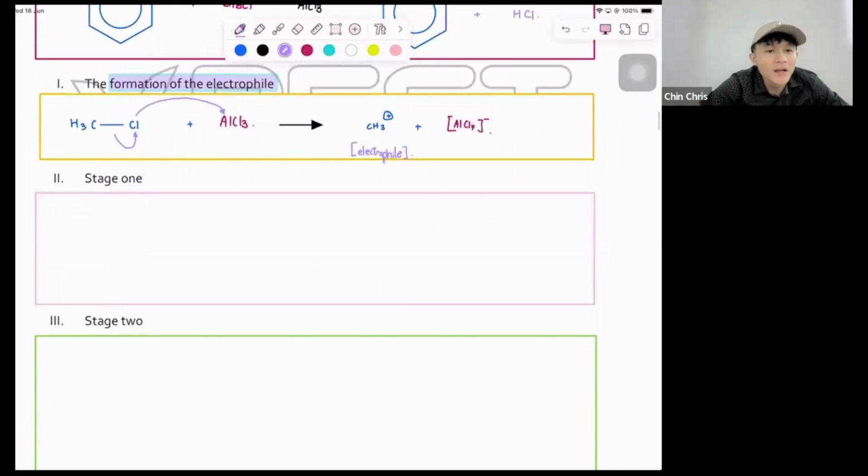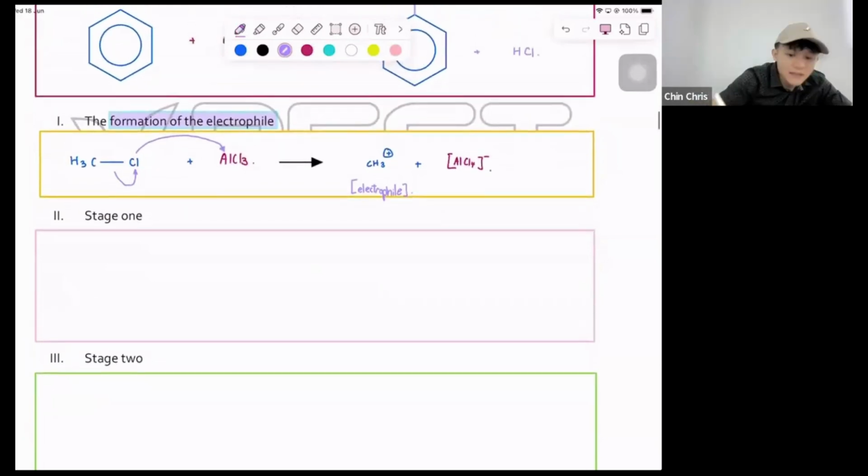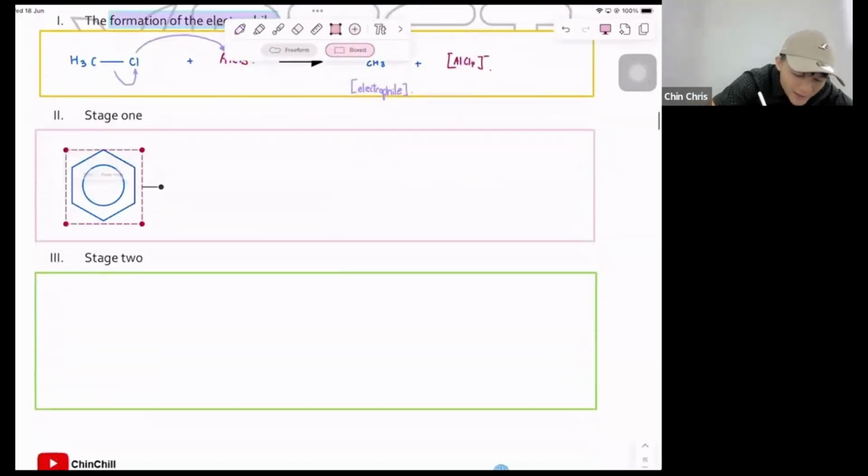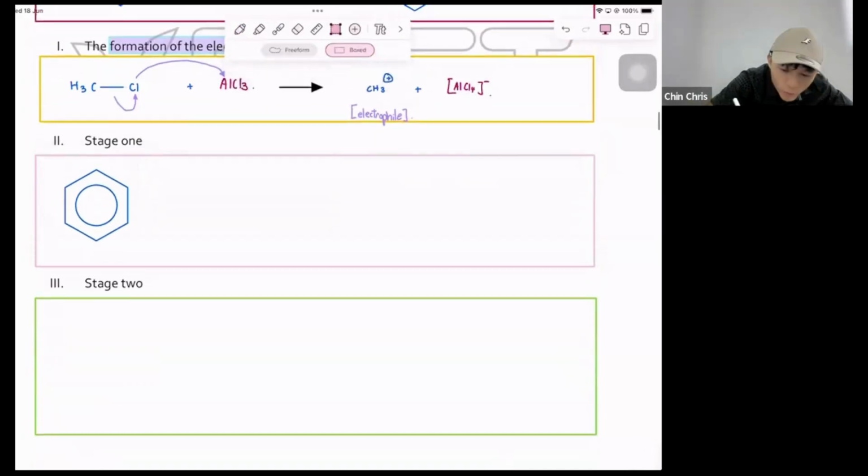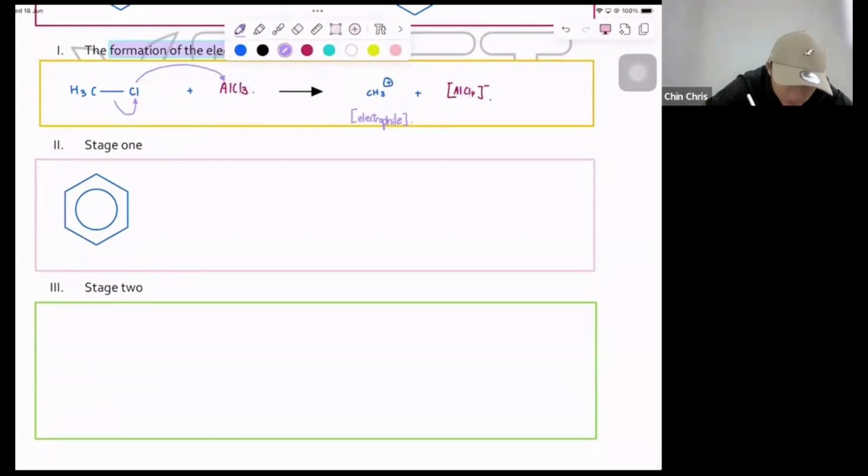Now, once done, let's look at stage one, how the reaction occurs. I have a benzene ring. I'm going to throw my electrophile next to it, CH3+. Guys, remember, when you're drawing your curly arrow, it is always coming from your benzene ring and going into your electrophile. So the curly arrow comes from your benzene ring and goes into your electrophile.